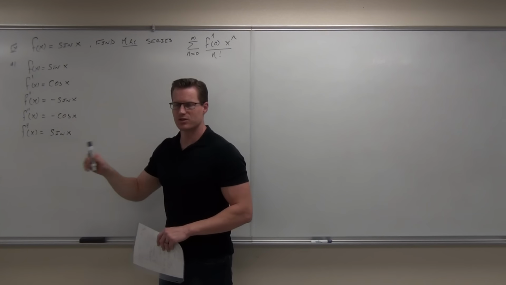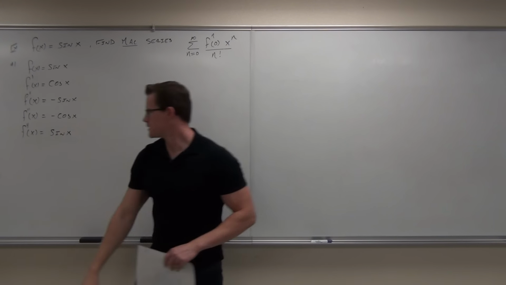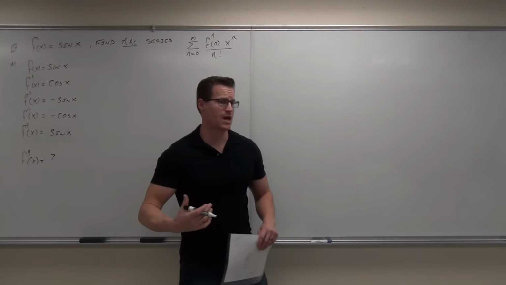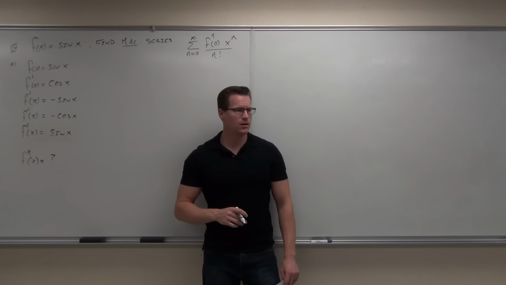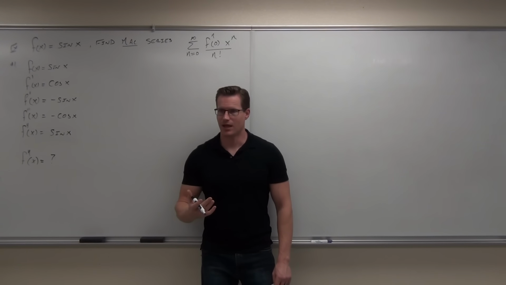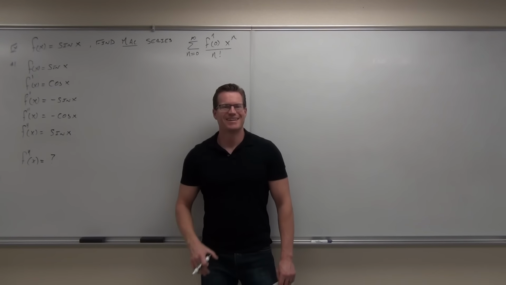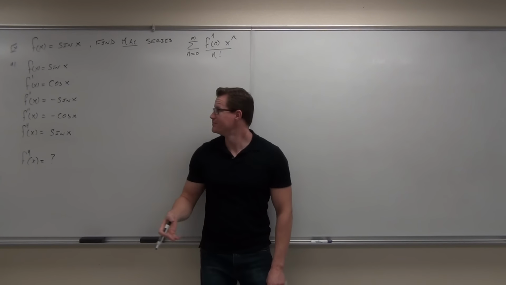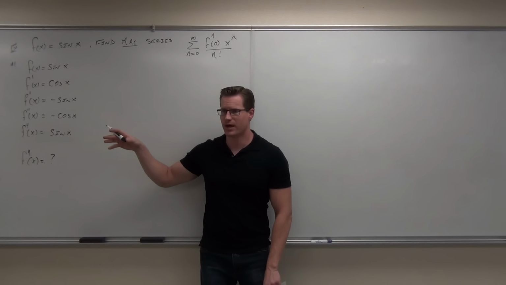Sine, cosine. Here's the problem. What is that, the nth derivative? Question mark. Because I don't know. It depends on where you stop, doesn't it? It depends on the remainder when you divide your derivative order by 4.